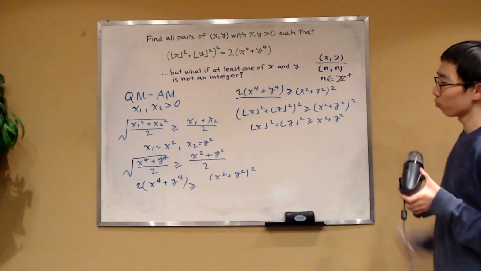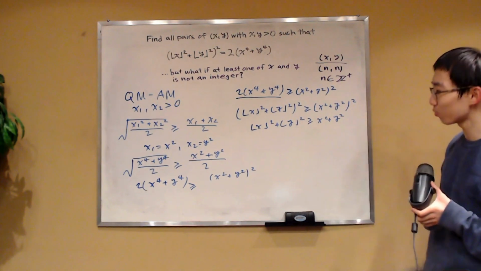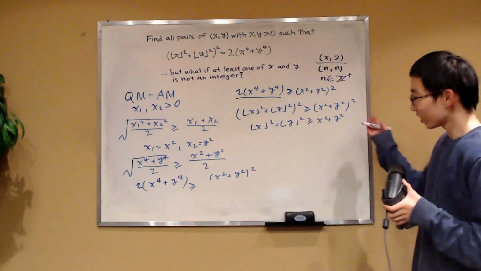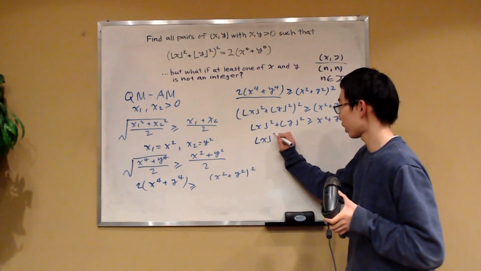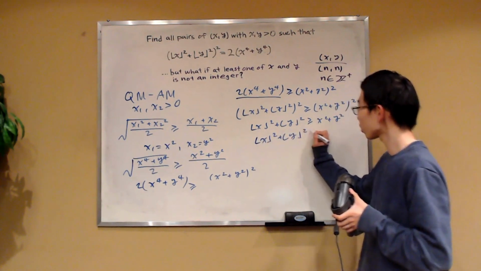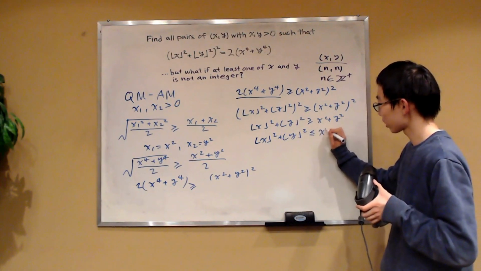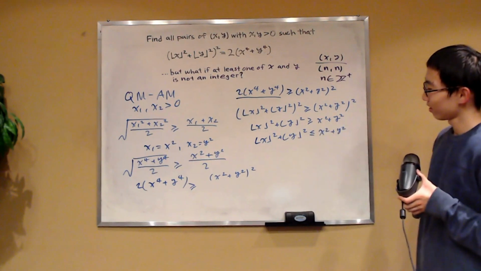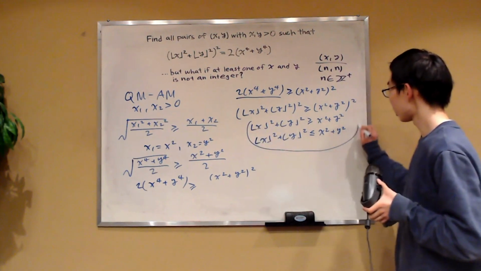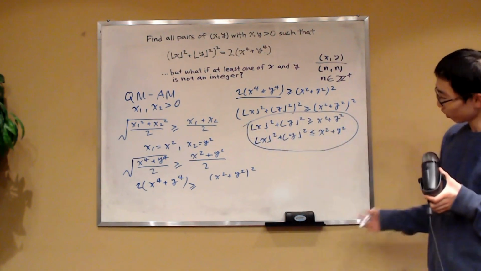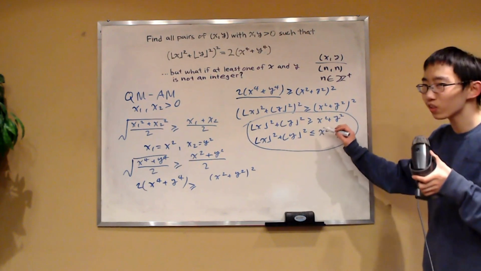We have something majestic. And the reason is because earlier we saw that floor of x squared plus floor of y squared must also be smaller or equal to x squared plus y squared, right? So, combining these two inequalities together, it must be greater or equal to and smaller or equal to.